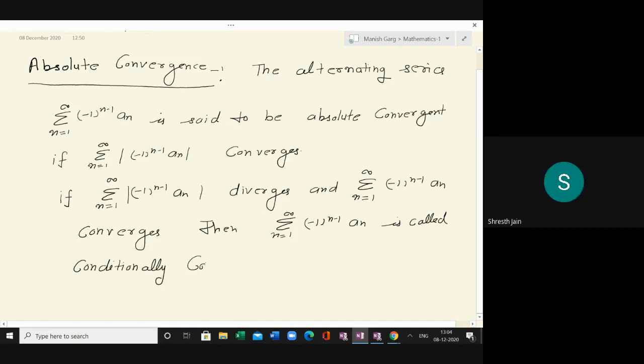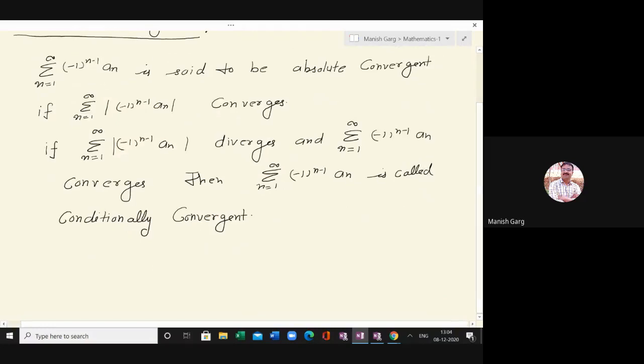Sir, could you please explain the absolute convergence? I didn't get it. Yes, I shall. Absolute convergence says that the mod a_n series converges as well as the (-1)^(n-1) a_n series converges.